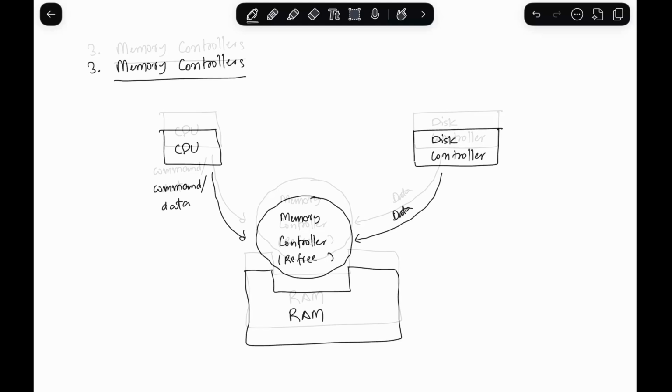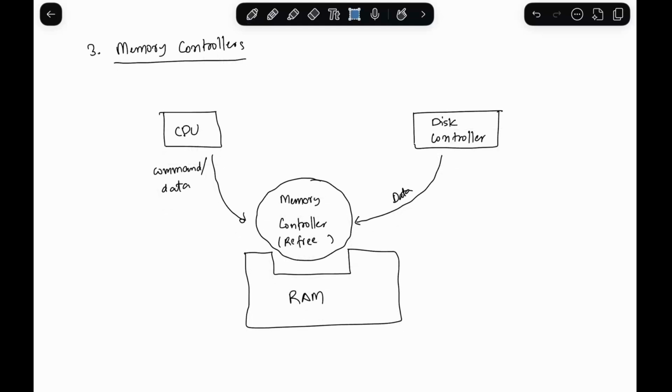Now it's question time again, but this question you need to answer for yourself. I'll just provide the question. You need to think, research, and get your answers, because we have read all the steps: memory controller, disk controller, and also the system bus.